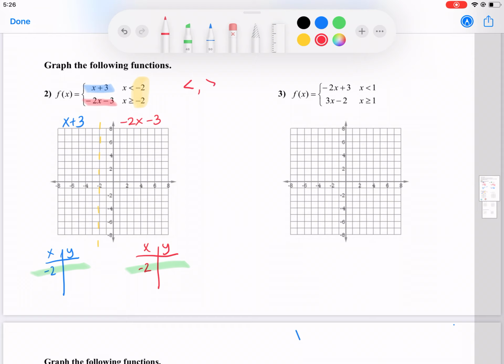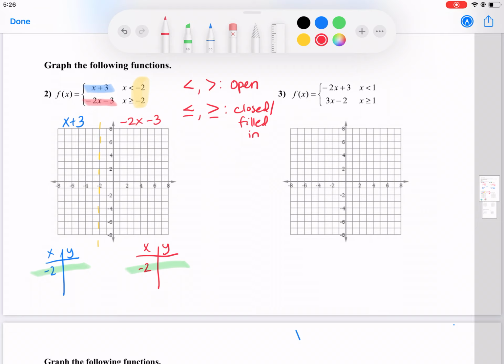So if you get a symbol that's less than, or it's just plain old greater than, then that means you're going to have an open circle. On the other hand, if it's equal to, so if it's less than or equal to, or it's greater than or equal to, then it's going to be closed, or sometimes I call it filled in.